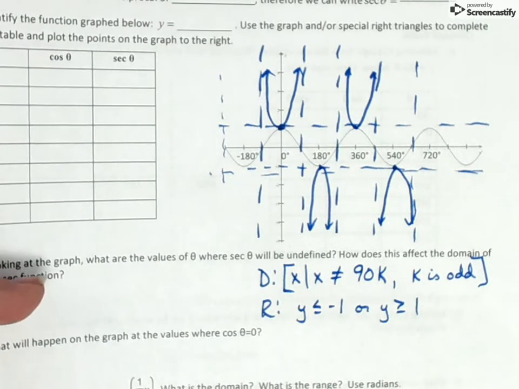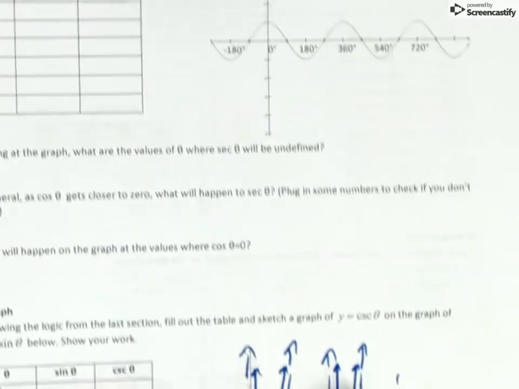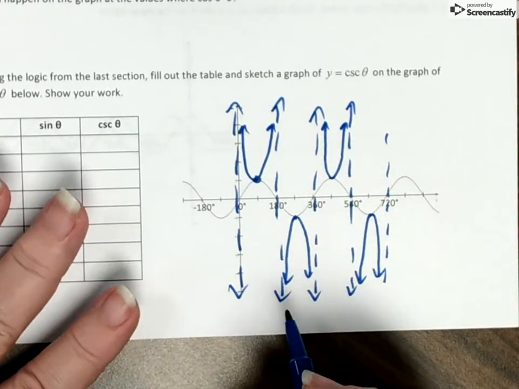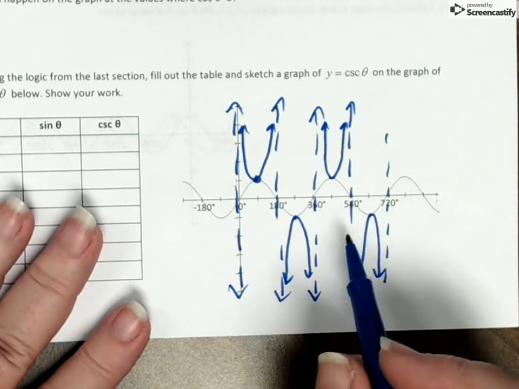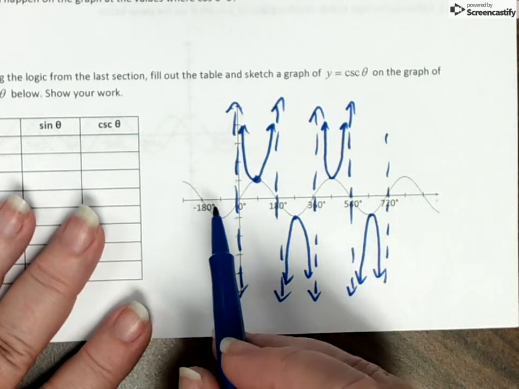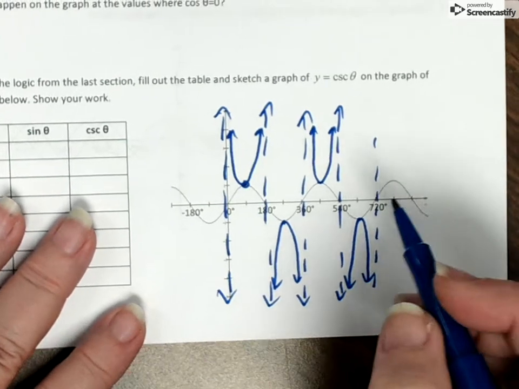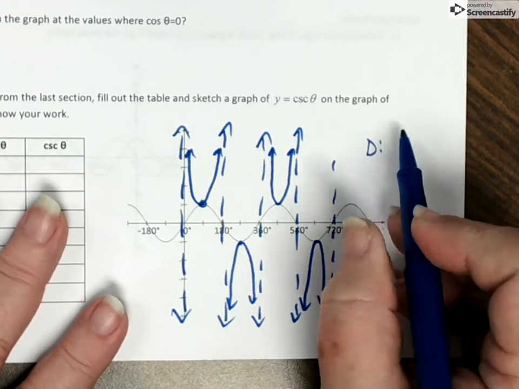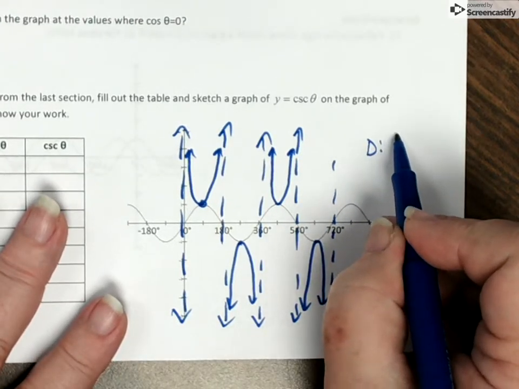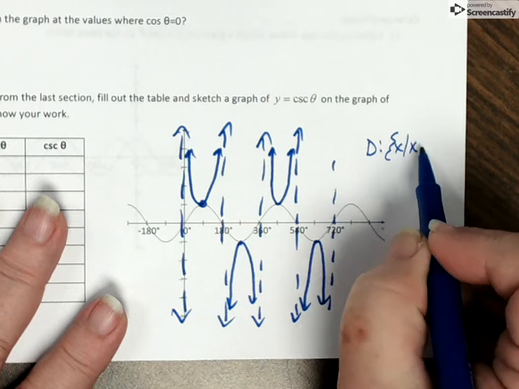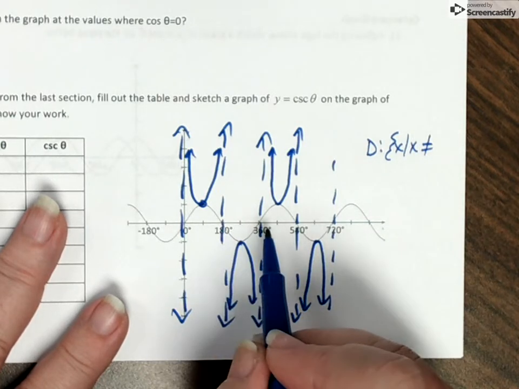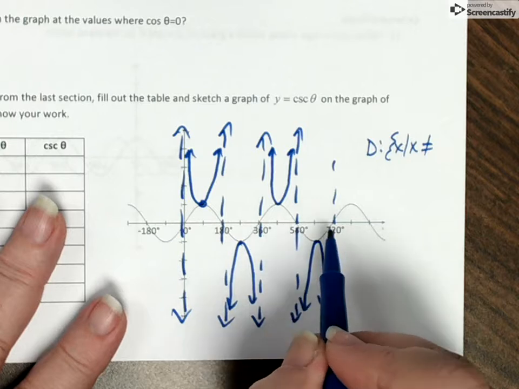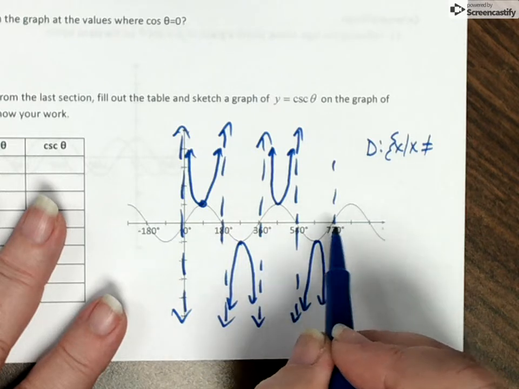When we look at the graph of cosecant, the same is true. In other words, we're going to be looking at this graph and asking ourselves, where is the domain? So domain is all real numbers x, such that x is not equal to something. Well, x is not equal to 180, 360, 540, 720, everywhere the asymptotes are.